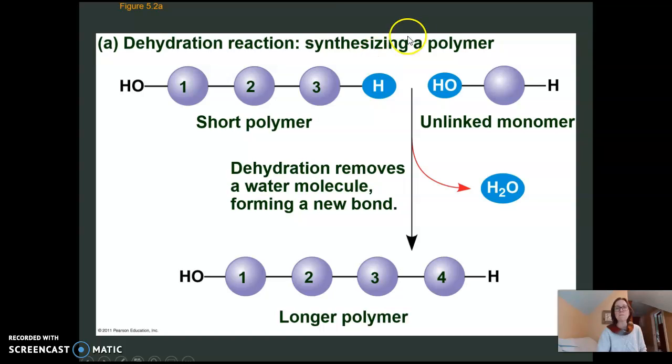Get these two together, the H and the OH combine to form H2O. That will leave the system. And because we've taken out the stuff in between, we could have 3 bonding to this 4th one over here to make a longer polymer. Okay, so dehydration, remove the water, and we get things to stick together, make something bigger.